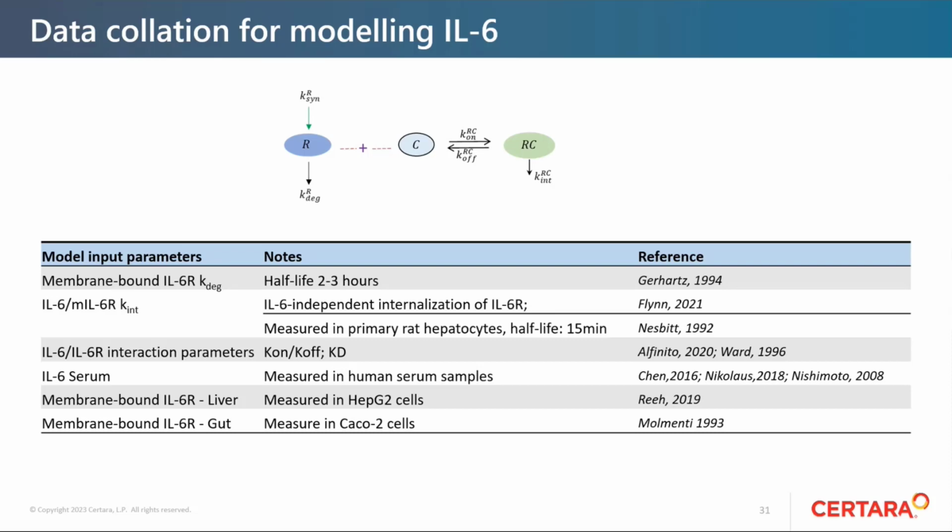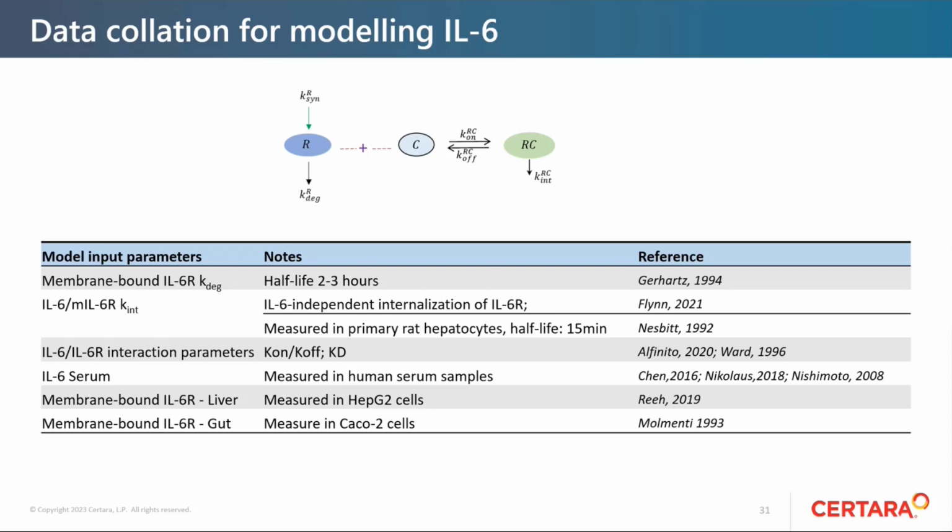So we start with the data collation. On top, you can see the schematic showing the parameters and what is required to describe the IL-6 and IL-6 receptor interaction. For the IL-6 receptor, this is the symbol R here. We need to know its level, its membrane-bound expression in liver and gut, and also its synthesis and degradation rate. And the C symbol here represents the IL-6, where we can model that through the biologics PBPK model to get this level in different organs.